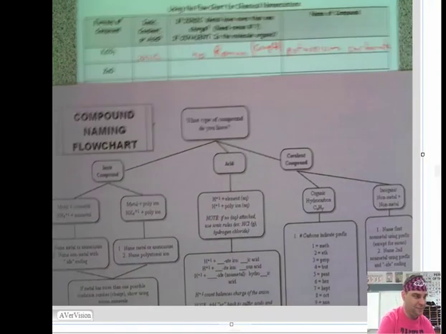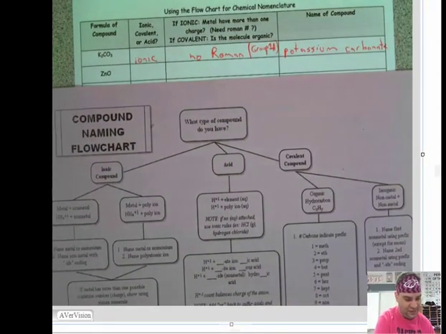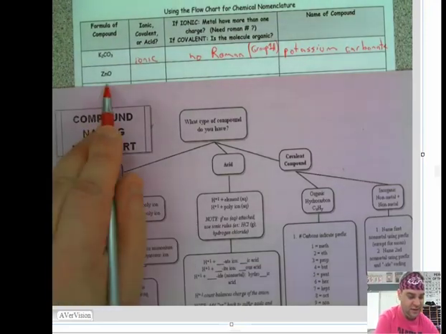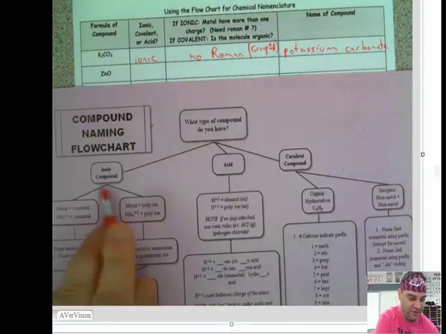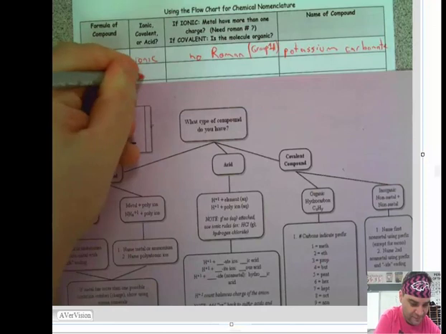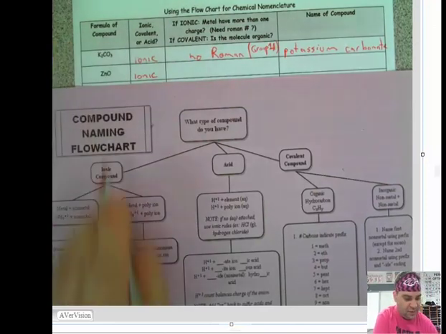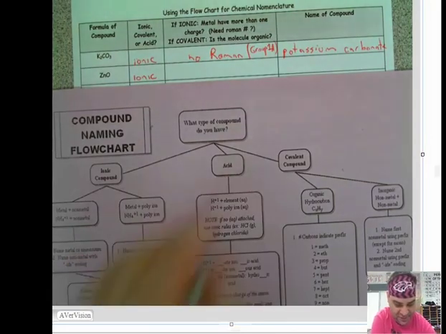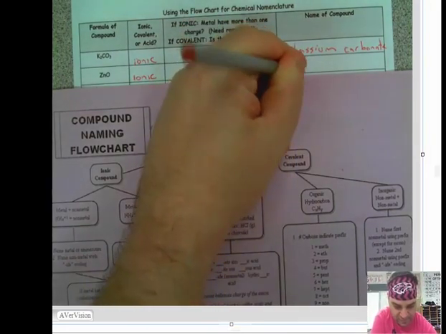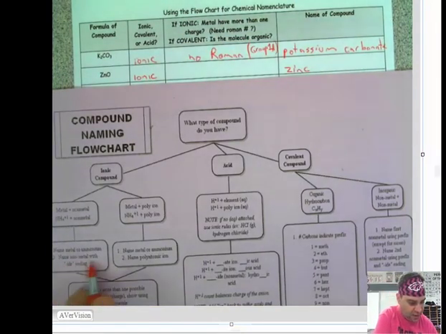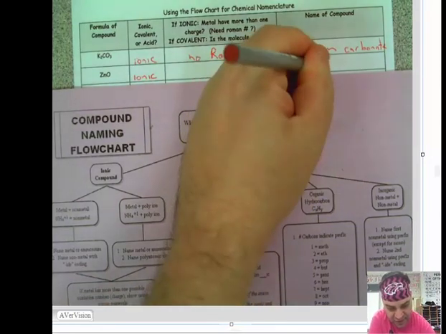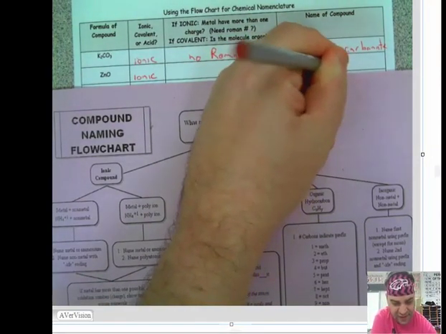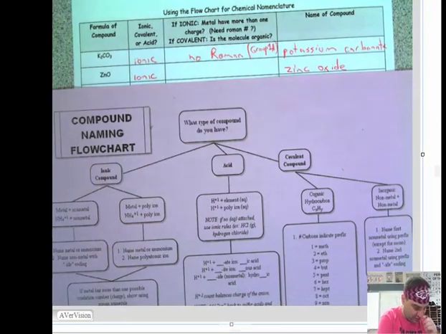ZnO. First we have zinc. We know that is a metal, so again, we are in the ionic stage. This time, O is a nonmetal, so we have metal and nonmetal here. Name the metal, zinc. Name the nonmetal with an "ide" ending, oxide.